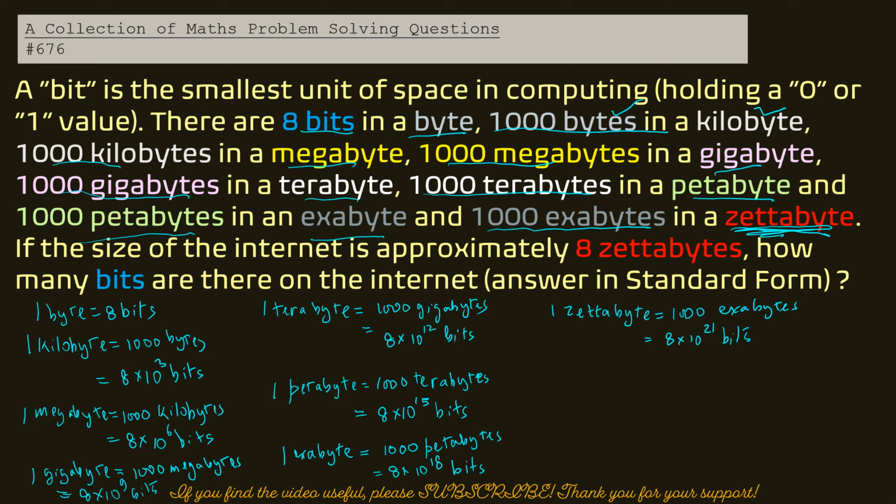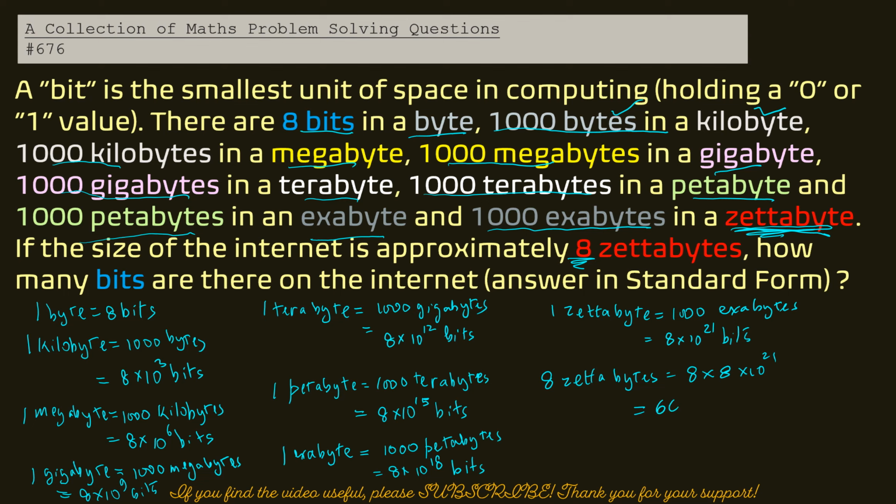We just have to now multiply it with 8, because the size of the internet is 8 zettabytes. So therefore 8 zettabytes would be 8 times 8 times 10 to the power 21.